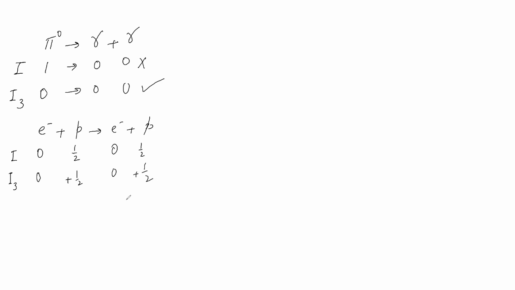What you realize is that in this case I is conserved as well as I3 is conserved. But since electrons don't participate in a strong interaction, this is an example of electromagnetic interaction, and this interaction can also take place via a weak interaction process.